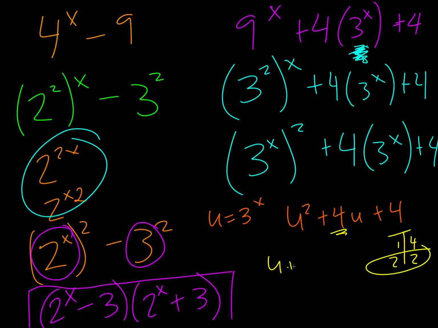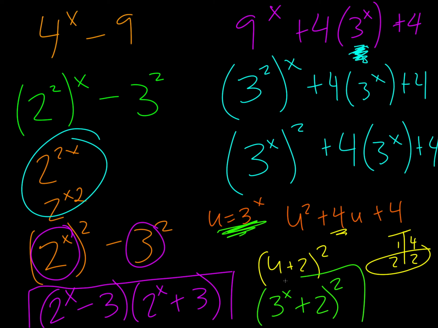So we can say u plus 2 and u plus 2, or we can just say u plus 2 squared. Now, we just need to replace the u with its actual value. And so we say 3 to the x plus 2 quantity squared, and that is our final answer.